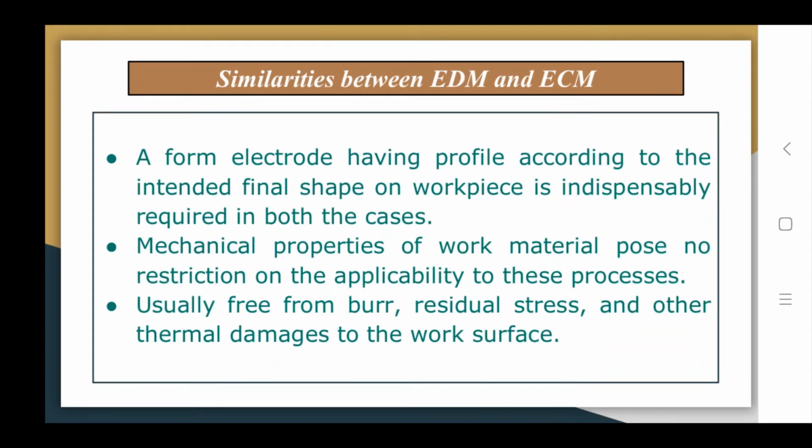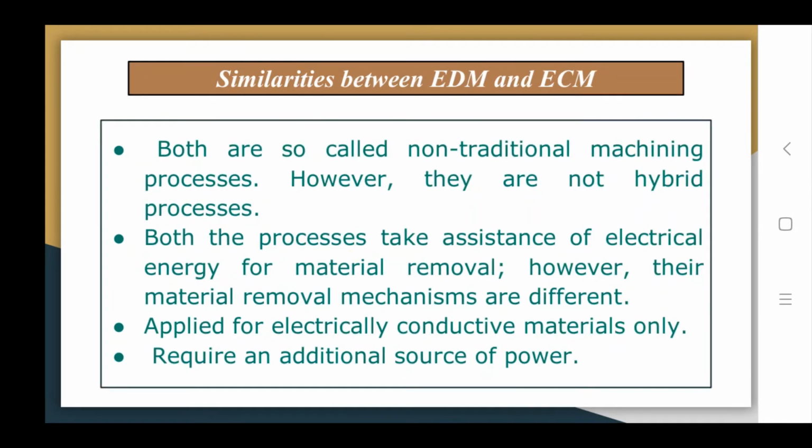Next, both processes require an additional source of power supply, typically a DC power generator, to maintain sufficient potential difference between the tool and workpiece, that is the two electrodes, and a form electrode having a profile according to the intended final shape on the workpiece is required in both cases.